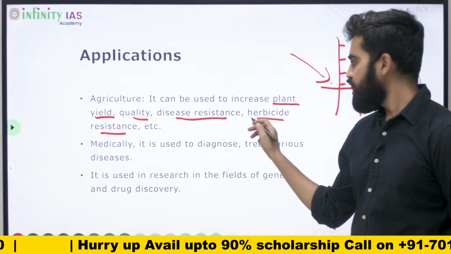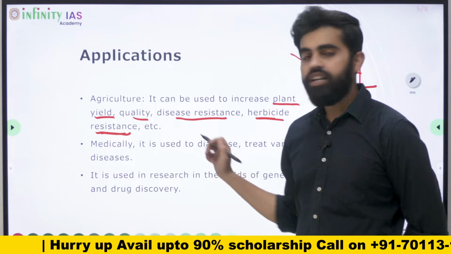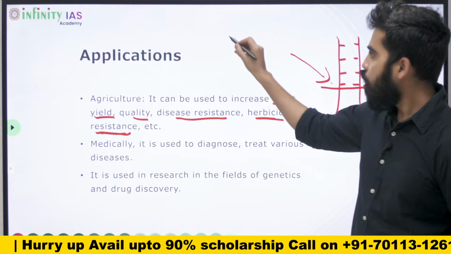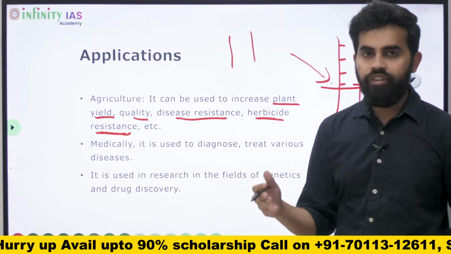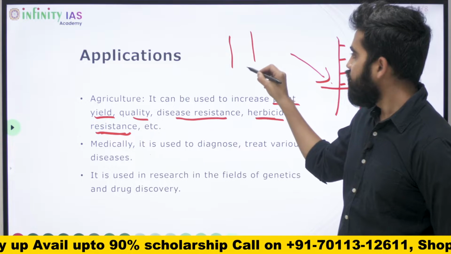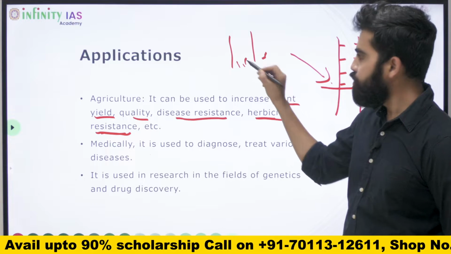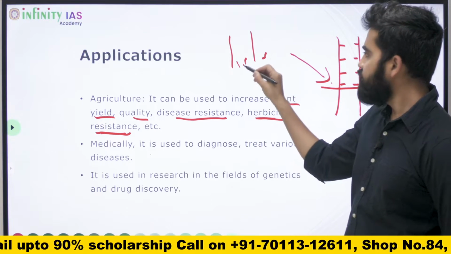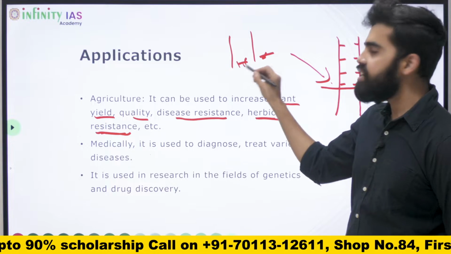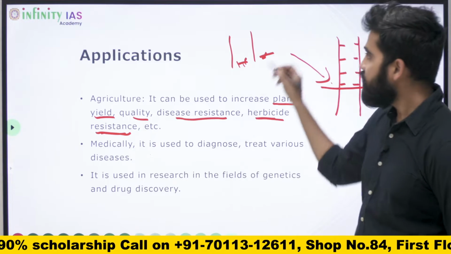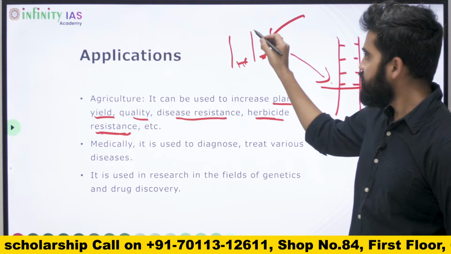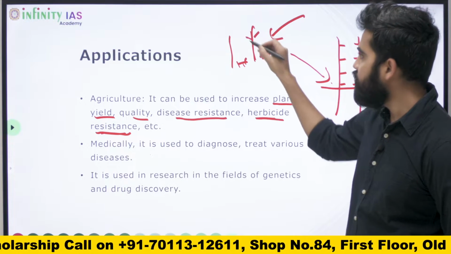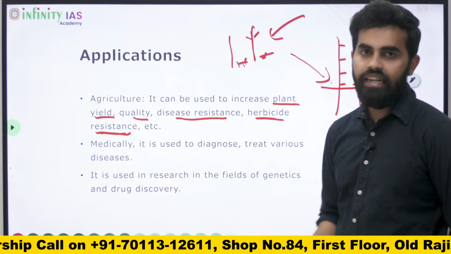For example, herbicide resistance. What is herbicide resistance? In all the plants that are grown in farms, weeds will grow in between them. These weeds are destroyed by weedicides and herbicides. But if this weedicide or herbicide also kills our plant, then we will lose the yield.